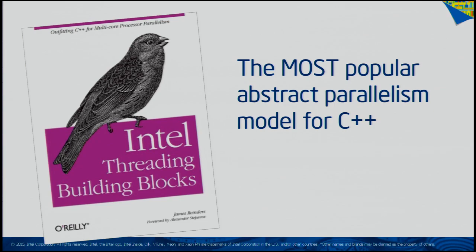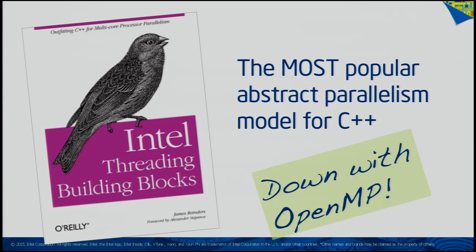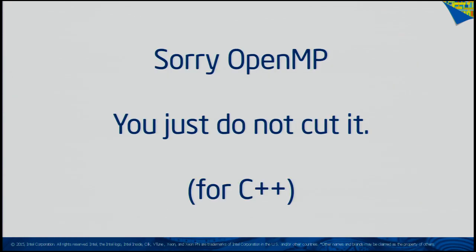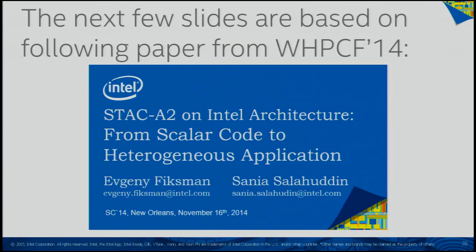So now TBB is very popular for C++. In the interest of teaching properly, it's really good. You should just give up on OpenMP. It's trash. OpenMP just doesn't work. Forget it. And let me prove it to you. There's a benchmark called Stack A2. You see where it might be going.